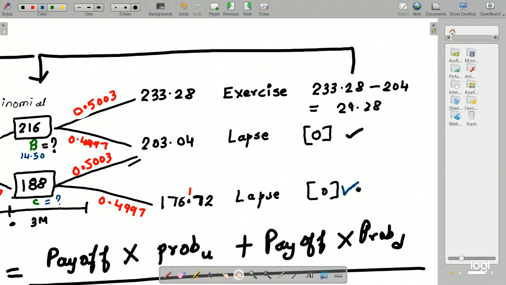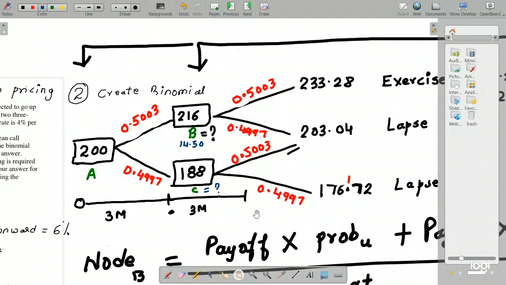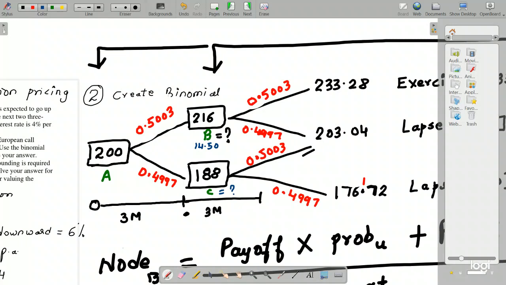So I can just simply use the value at node B to calculate the value at node A, right? So now what next? Next is that this 14.50, the value at node B, I will take it further back, which will help me in calculating the value of node A.